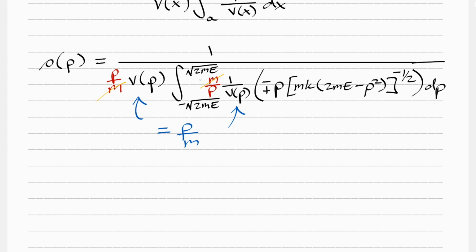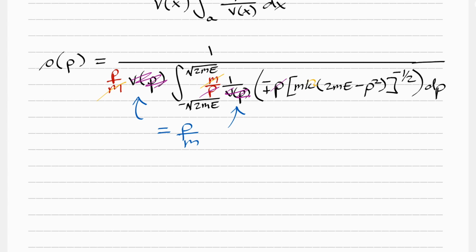The p has to stay, though, inside the integral because we're integrating with respect to p, so that's not going to cancel just yet, but it will cancel, in fact, with this p. Okay, so that one cancels. So these v of p's are gone. We've replaced those with p over m, and 1 over v of p is equal to m over p. The m's cancel. These p's cancel on the right within the integral itself.